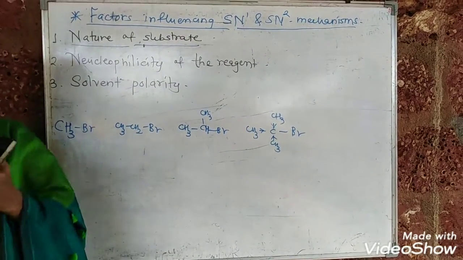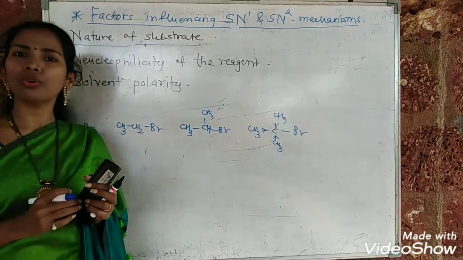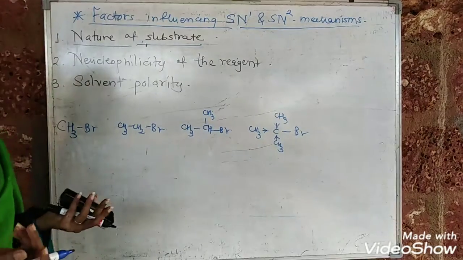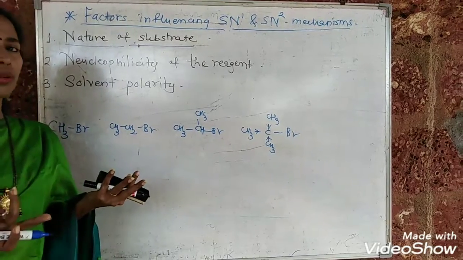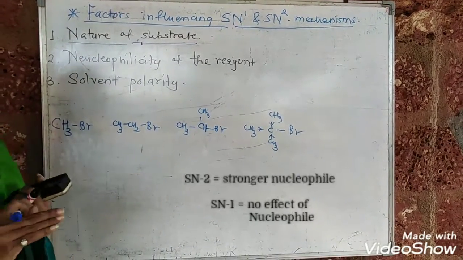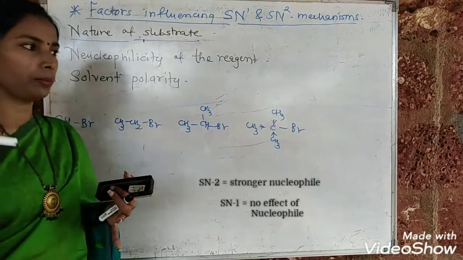So if the nucleophile is stronger, the SN2 mechanism is favored. But in the case of the SN1 mechanism, there is no effect of the nucleophile because a carbocation is formed in the first step and the nucleophile can attack from both sides. So no effect of the nucleophile is observed in the SN1 mechanism.